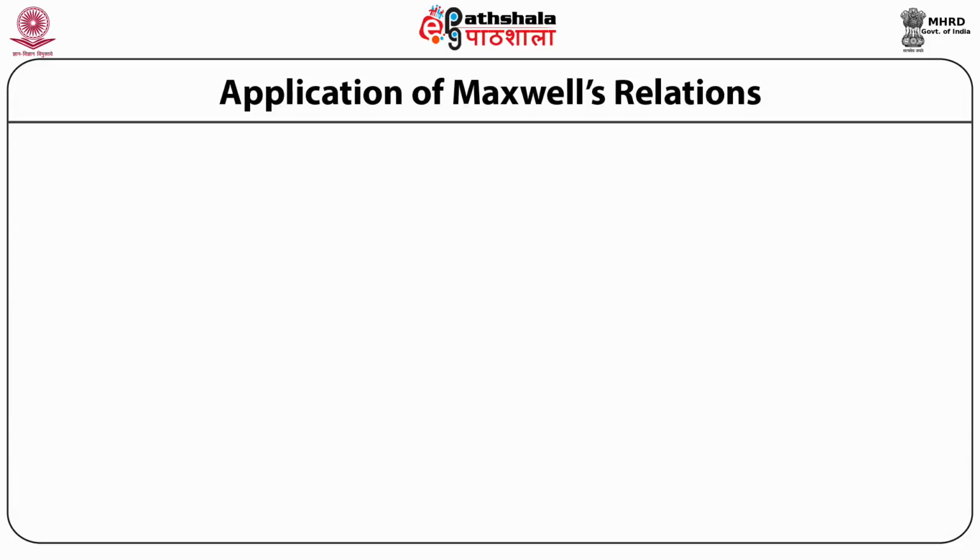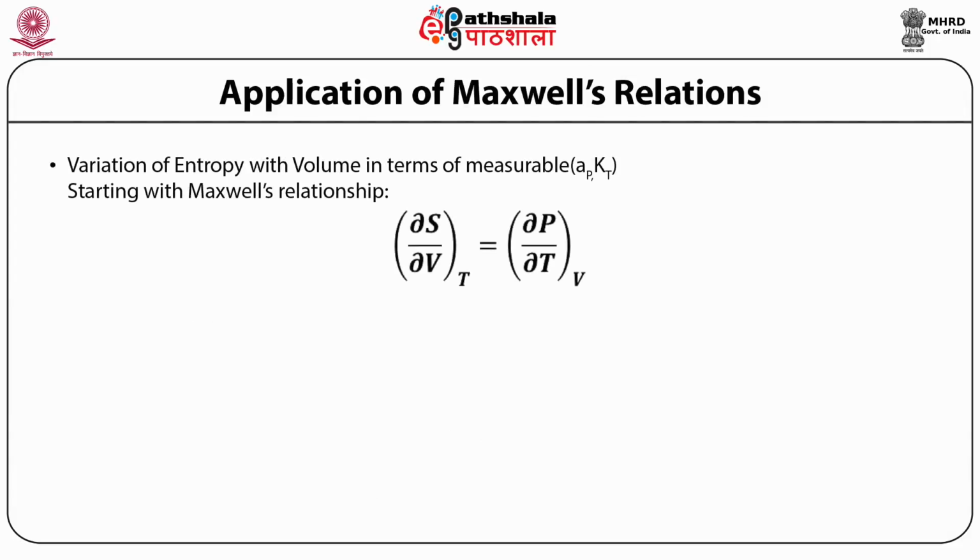Let us look now at the variation of entropy with volume in terms of measurables alpha P and Kt, where alpha P is the coefficient of thermal expansion at constant pressure and Kt is the isothermal compressibility. Now we start with the Maxwell relation.